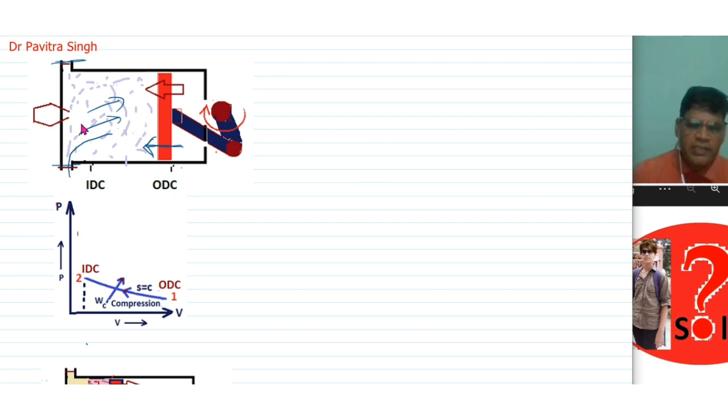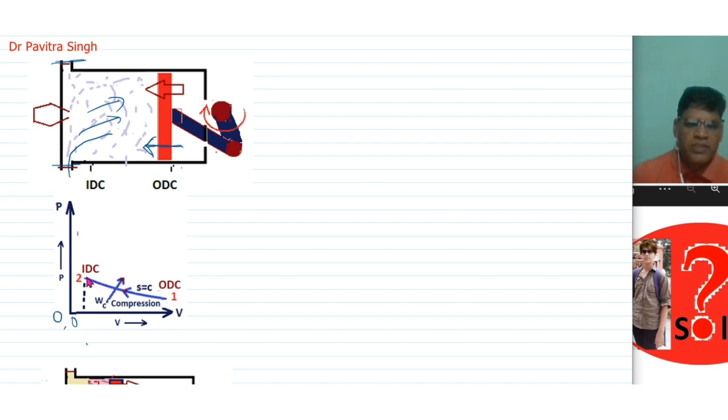Due to the decrease of volume, pressure will increase. Here pressure is on the vertical axis and volume is on the horizontal axis, and this is the zero point. As the volume decreases from ODC to IDC, the pressure increases. Due to compression and higher pressure, the temperature of the air will be high. This is the compression stroke.